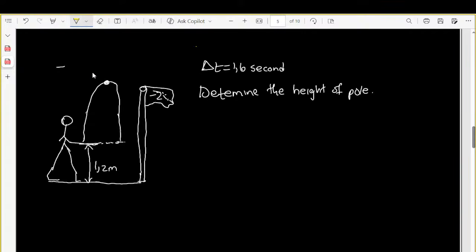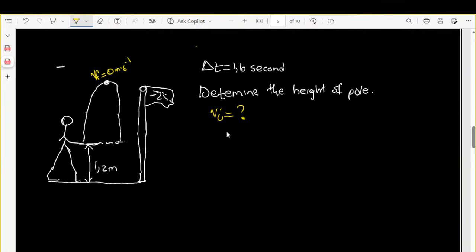So the final velocity here will be 0. Once it reaches its maximum, it will have 0 velocity. Okay, we agree on that? And then the v initial, let's just leave it because we need to determine the initial velocity.